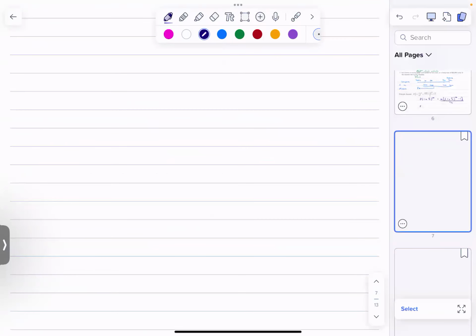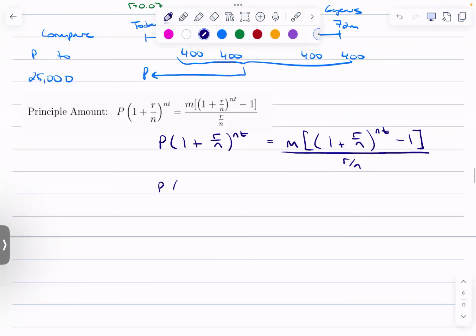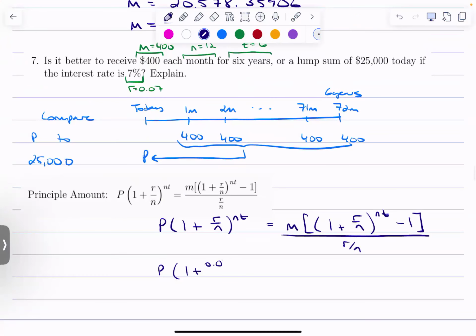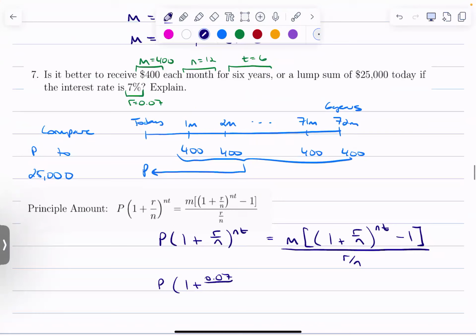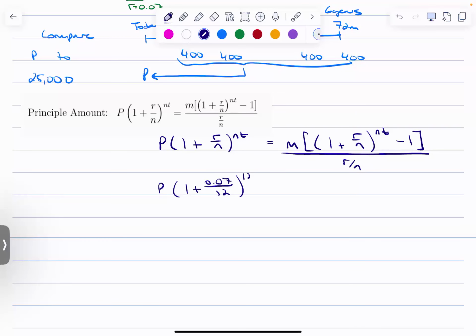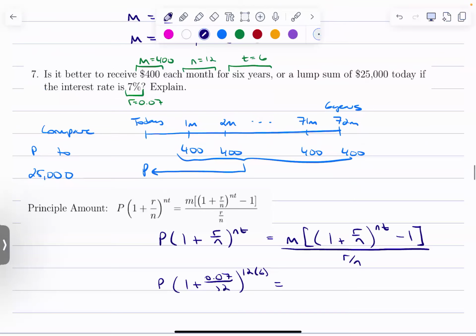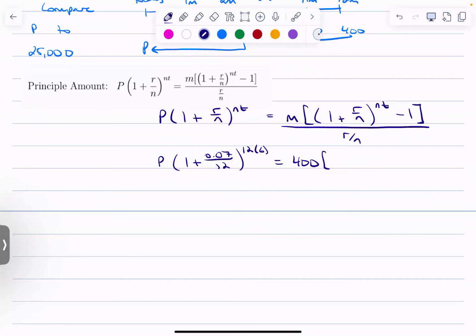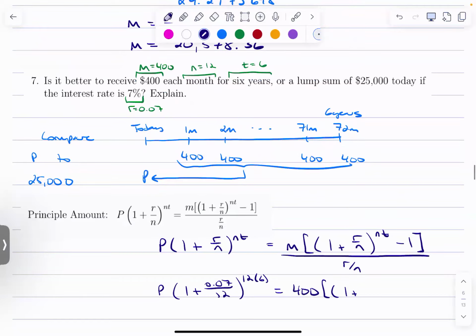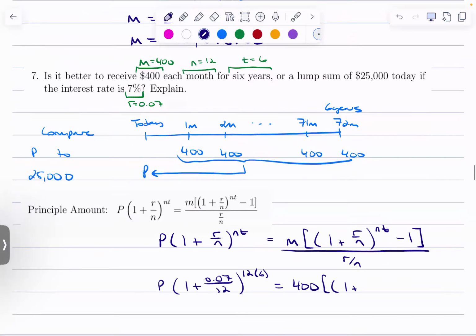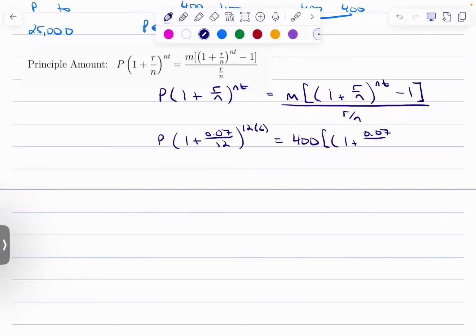P times, because I'm solving for P, (1 plus R, which was 0.07, divided by N, which is 12) to the power of 12 times 6 years, is M, which is 400, times ((1 plus 0.07 divided by 12) to the power of 12 times 6, minus 1) divided by 0.07 divided by 12.